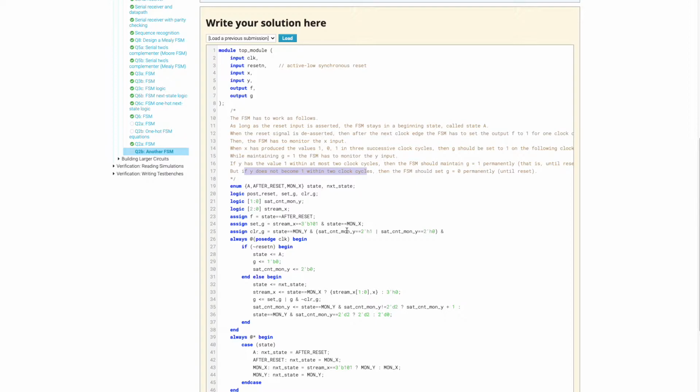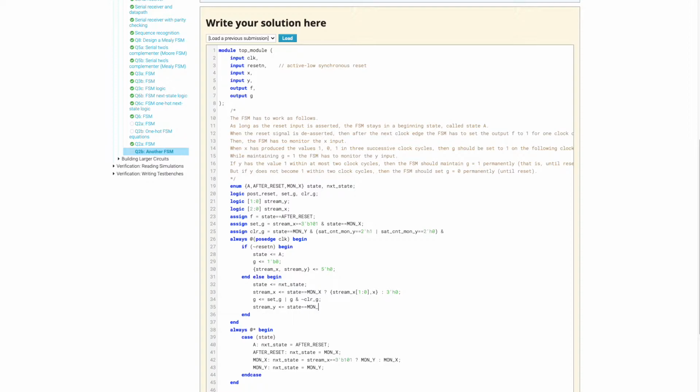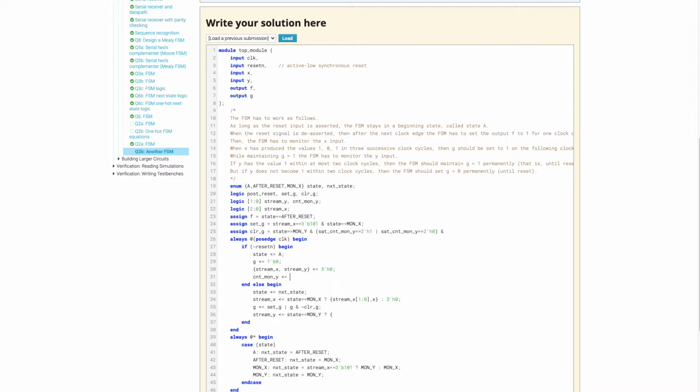So maybe I just do this. It's easier. This is 3 bits plus 2 bits, and yeah, I do need this actually.